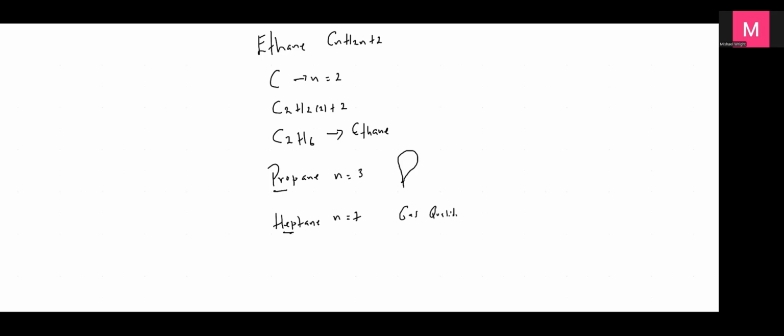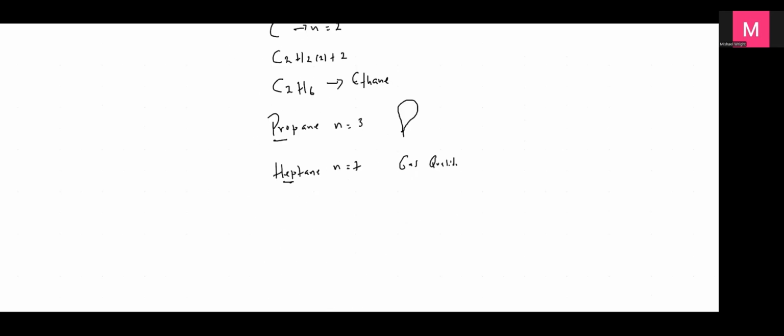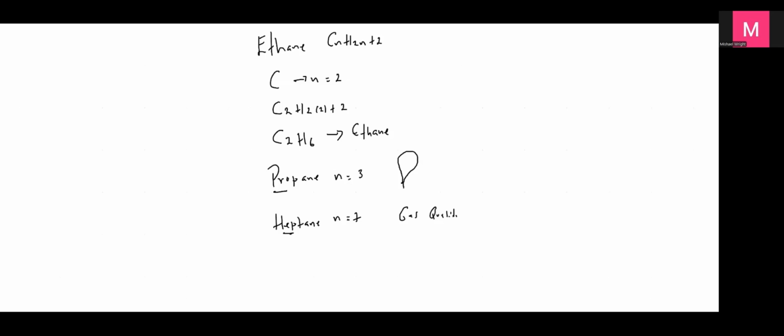So, for example, okay, let's try to do it. I will give you 2 minutes, and you can pause this video and then play it to see what the answers are, right? So for propane, okay, for propane we say C3H8.